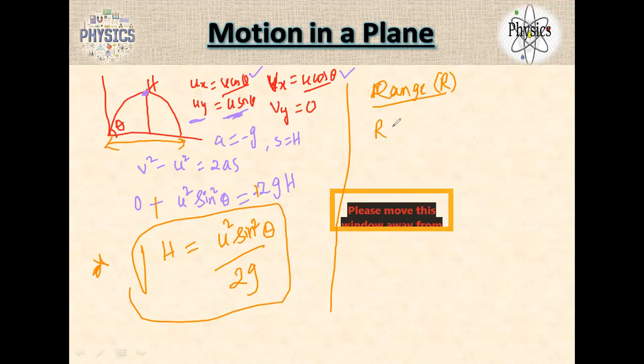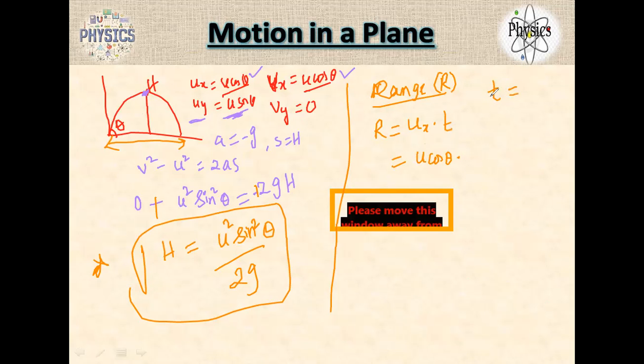So R is equal to horizontal velocity into time. What is the horizontal velocity here? ux, very good. ux into time. So what is ux? u cos theta.